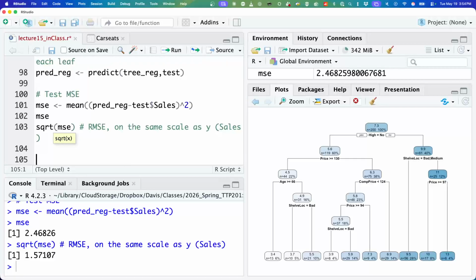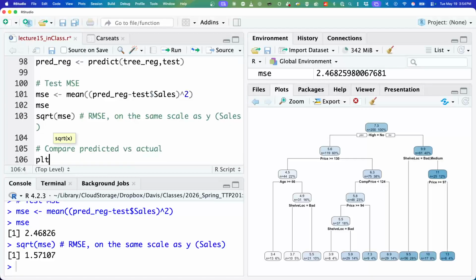And we can compare predicted versus actual, see how off they are, right? And so if you plot your predicted values versus the actual values, if it's on a 45-degree line, that means that they're predicting exactly, and then any variation off of that means that there's some error happening.